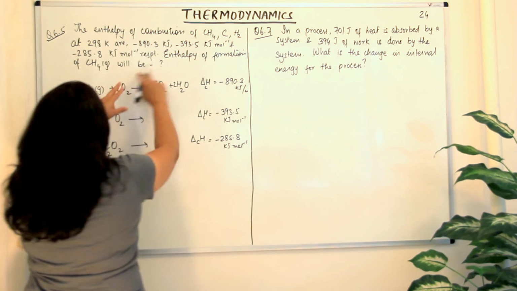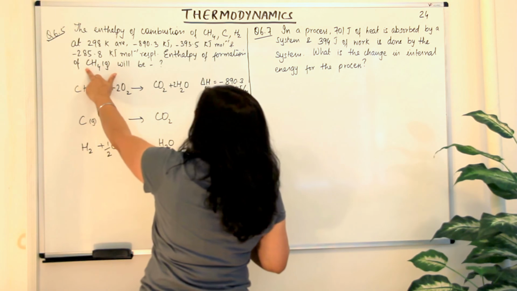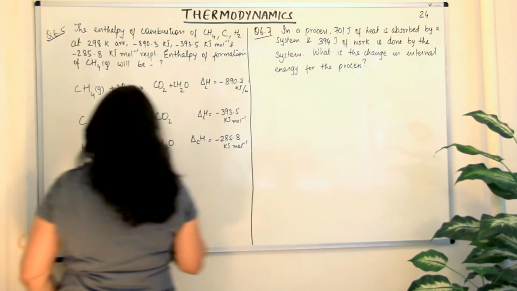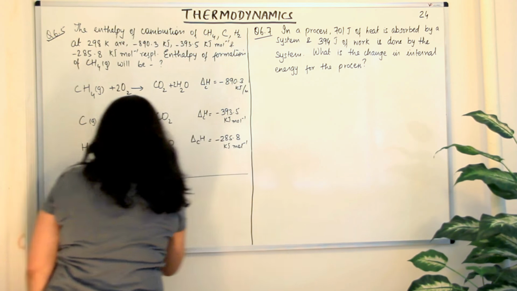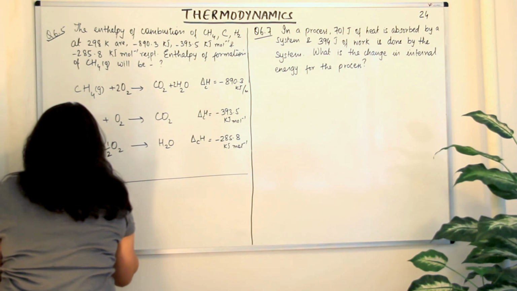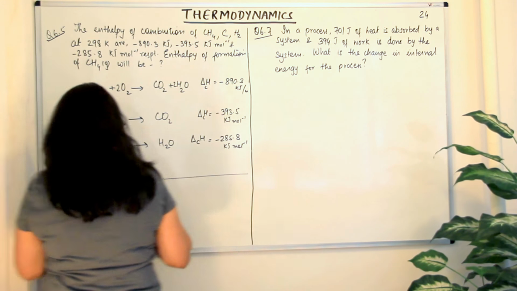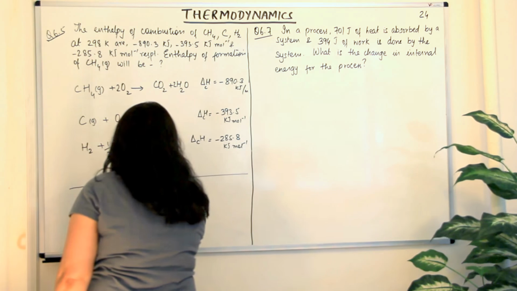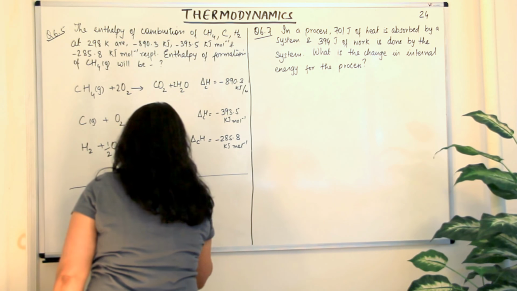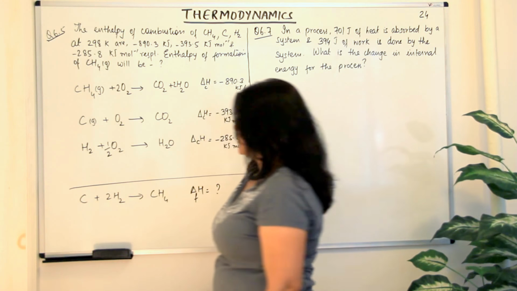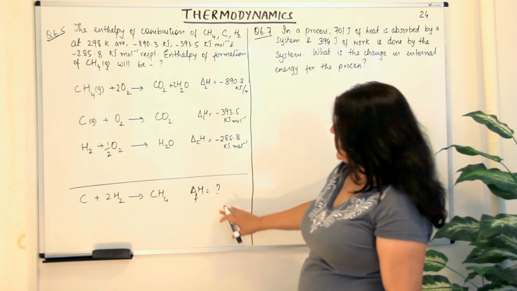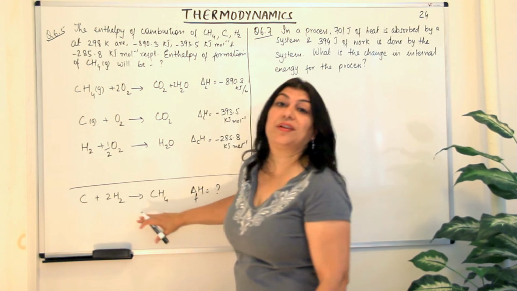So how is methane formed? Methane would be formed from carbon and 2 moles of hydrogen, because we need 4 atoms of hydrogen to produce CH4. And this enthalpy of formation is our question. Or we could say that this is the desired reaction.